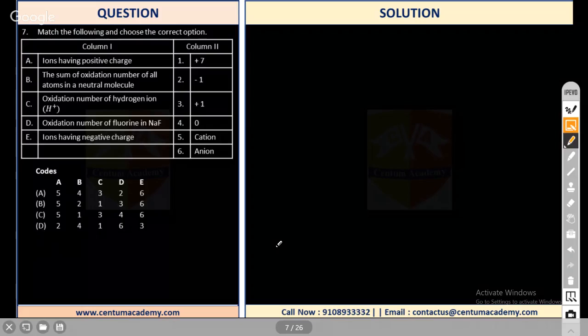B is the sum of the oxidation numbers of all atoms in a neutral molecule. Should be 0, right? So B is 4. Oxidation number of hydrogen ion is +1. So I think C is 3, yeah. Oxidation number of fluorine in NaF is -1, so 2. And E will be 6, right? So A is correct.